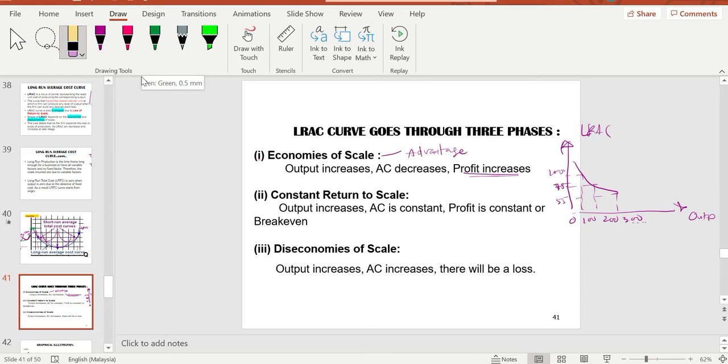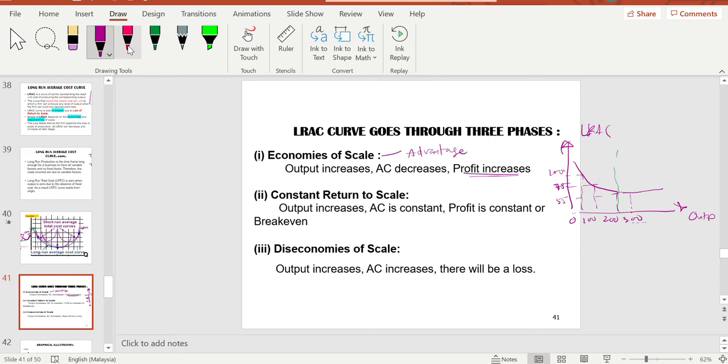And at certain time dia akan sampai satu tahap dia constant. Maksudnya bila dah menurun macam ni, and then ada pembahagian kat sini, okay, bila sampai satu tahap tu dia constant je, dia tak berubah, dia static je, straight je. Itu yang kita panggil constant return to scale.